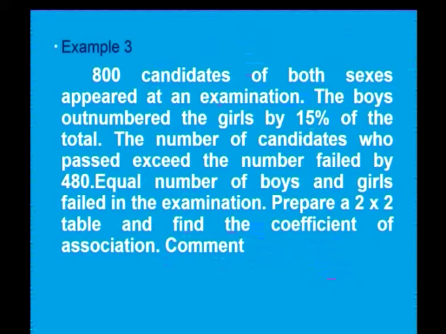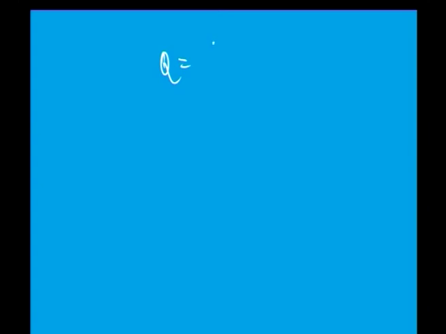Now, in this question you are also asked to find out Yule's coefficient of association. Yule's coefficient of association formula is given by Q is equal to AB into alpha beta minus A beta into alpha B, the same thing in the denominator with plus.